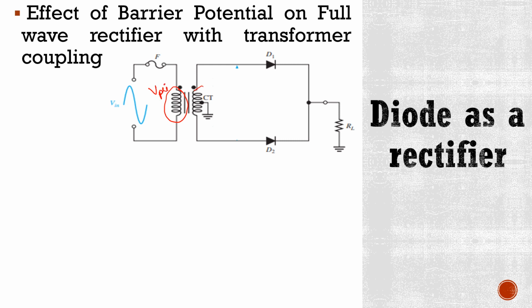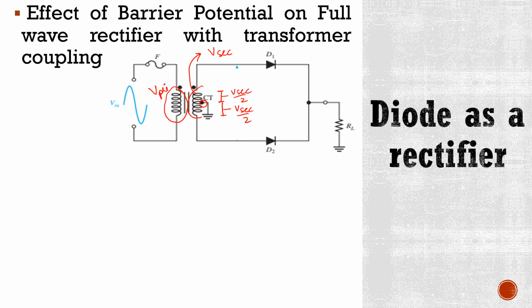This is the secondary coil, and the voltage is V secondary. But due to this center tapping, this voltage is divided into two equal halves. It means in this half the voltage will be V sec divided by 2, and in this half again the voltage will be V sec divided by 2.